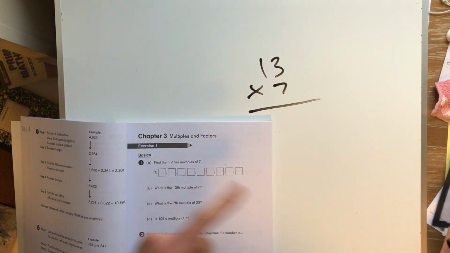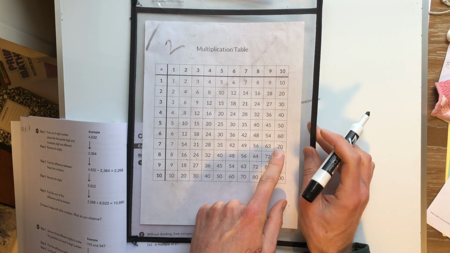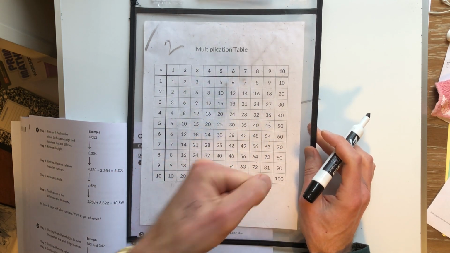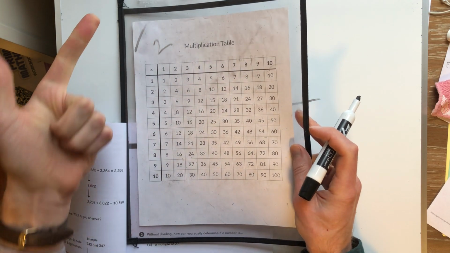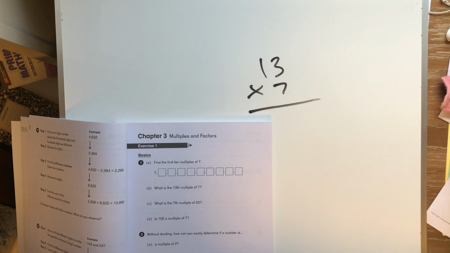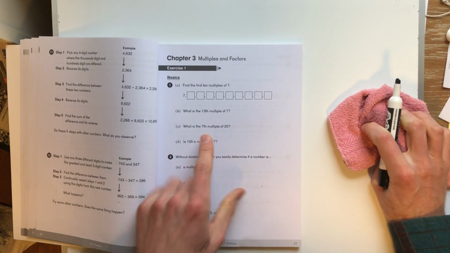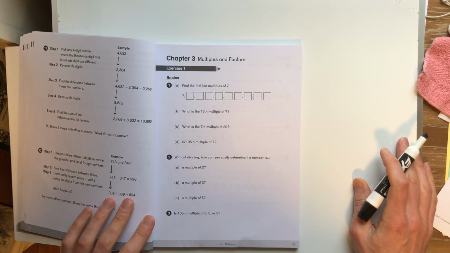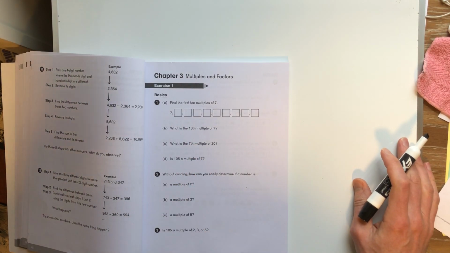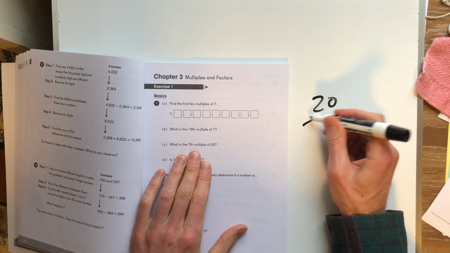Or I could find the 10th multiple of 7, which is 70, and then add 3 more. 70, 77, 84. The next one is, what's the 7th multiple of 20? Just going to have to do 20 times 7.